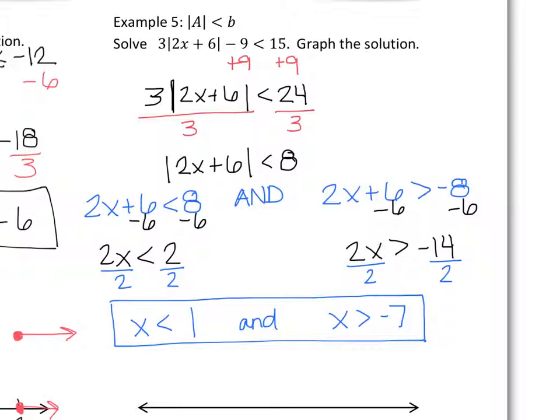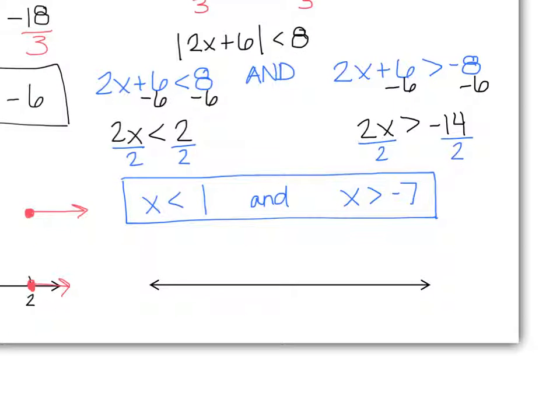Graph is the other part. Ready to graph? So we need our negative 7 down here. 1 will be here, so that puts 0 right there. I'm going to graph it off the graph first, and then we'll put it on. Okay, so let's see. At 1, open or closed? Open, right or left? Left.